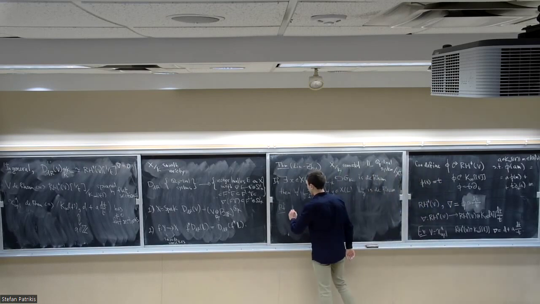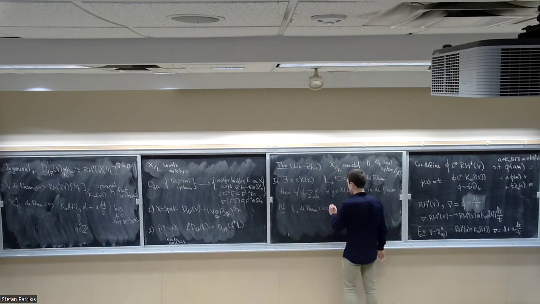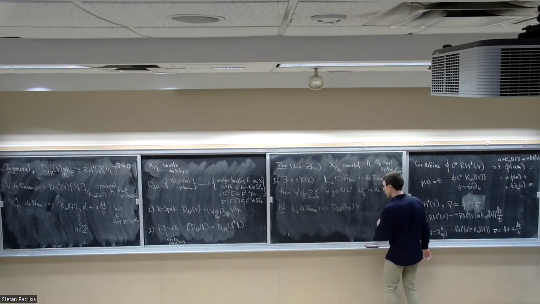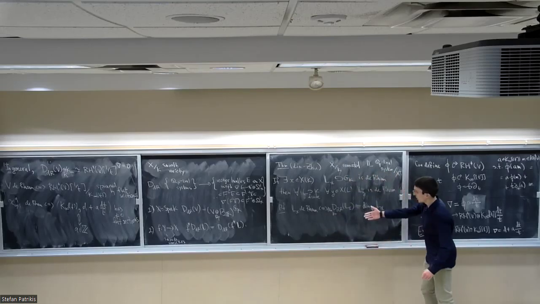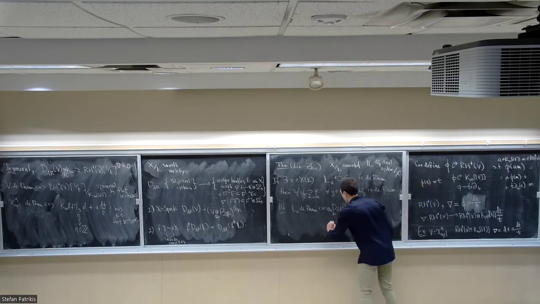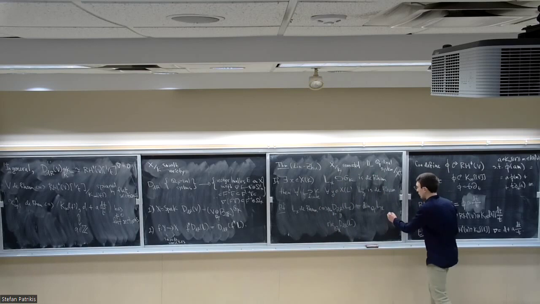Well, the fact that L_x is de Rham is equivalent to saying that the dimension of D_dR of L_x is equal to the dimension of the Galois representation itself. But I'm saying that this vector space was in fact the stalk of a vector bundle D_dR of L at the point x. So it's in fact the rank of the vector bundle D_dR of the whole local system as a vector bundle. But then this is of course the rank of the local system.